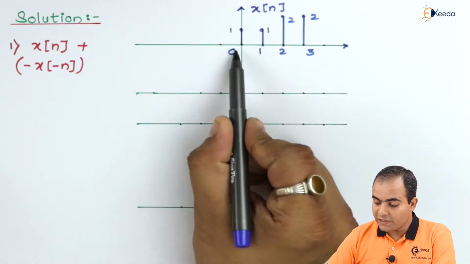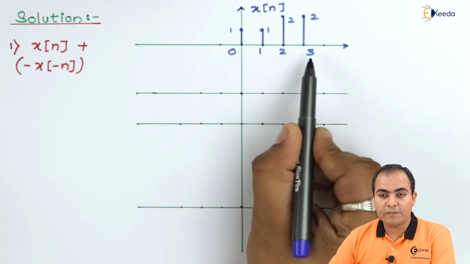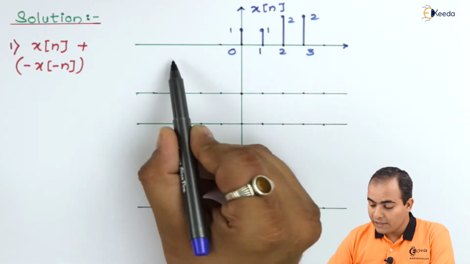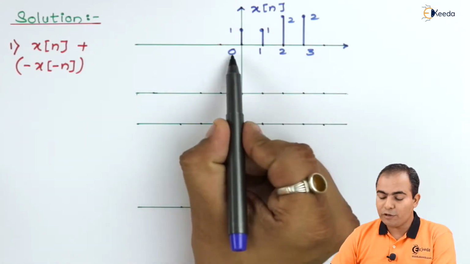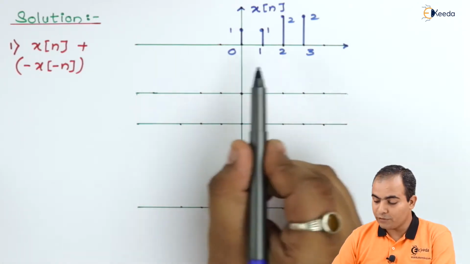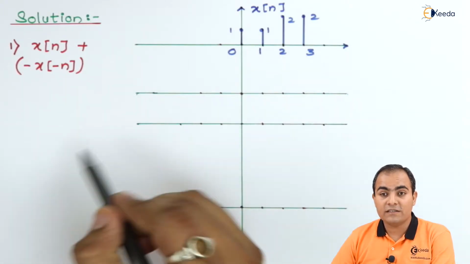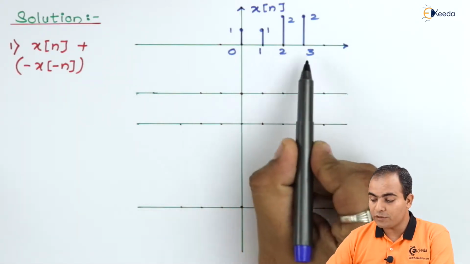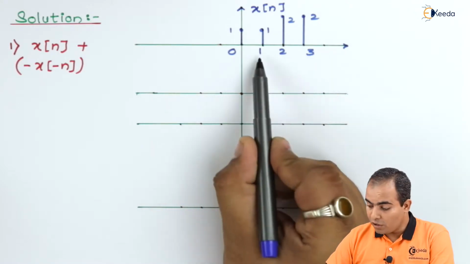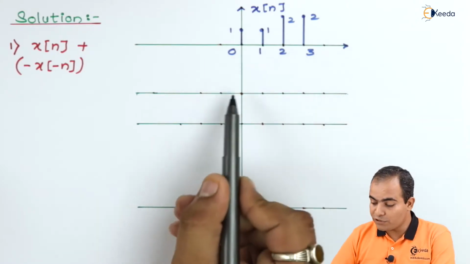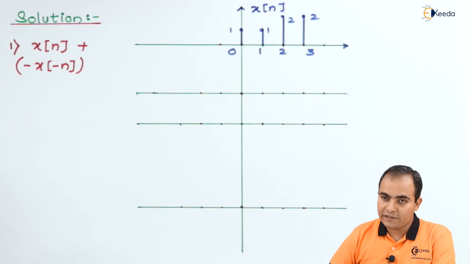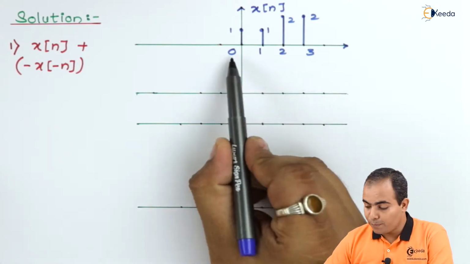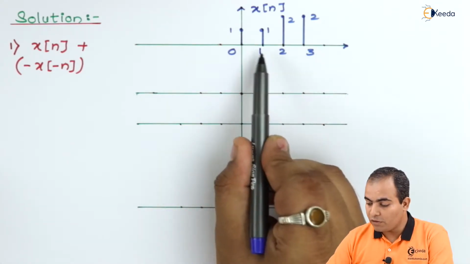So 0 into minus 1 is simply 0. 1 into minus 1, answer is minus 1. This will be minus 2 and this will be minus 3, which means all these three samples are now shifted to the left hand side after multiplying the minus sign.